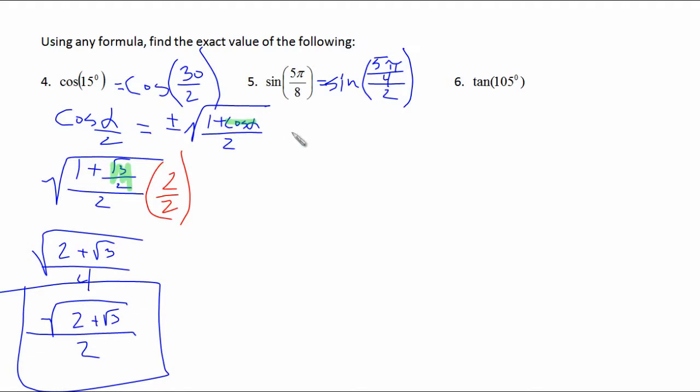And my formula here for sine, let me switch colors so we don't get confused: the sine of alpha over 2 equals plus or minus the radical of 1 minus cosine alpha all over 2. Now we begin to just sub in our values.